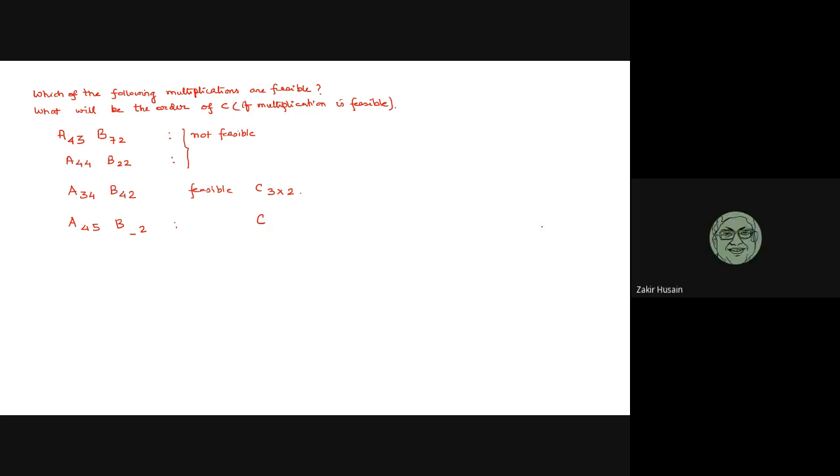Suppose it's feasible. What will be the order of B? 5, 2. And C will be 4, 2.